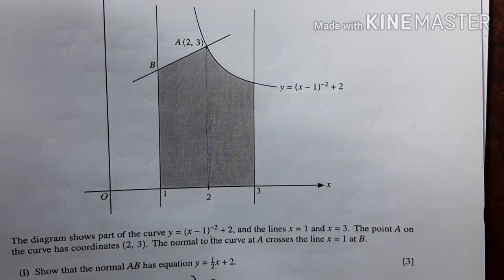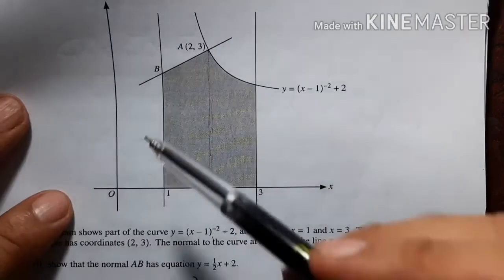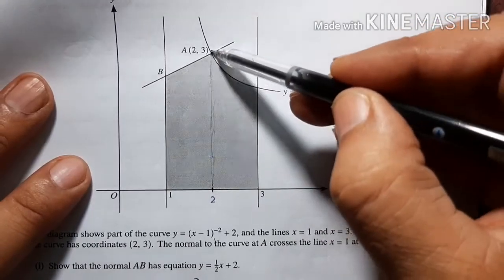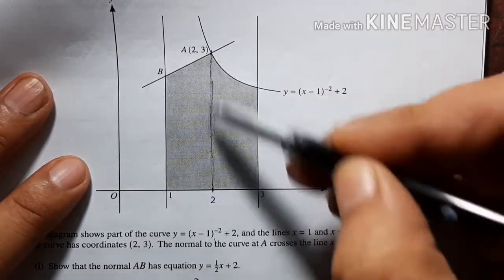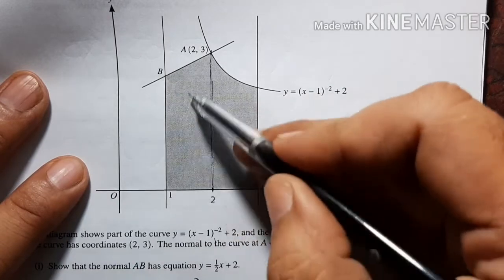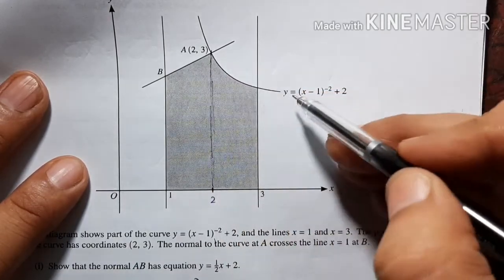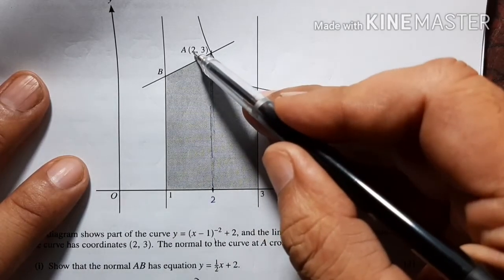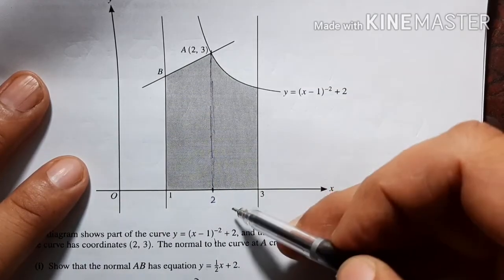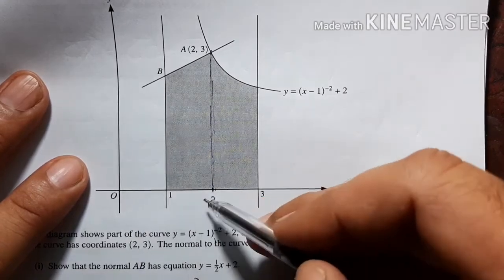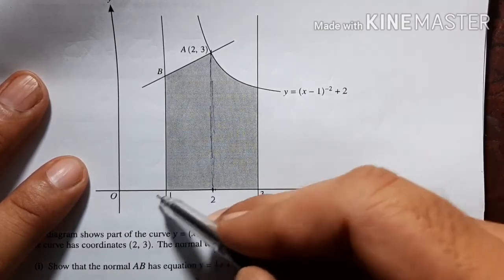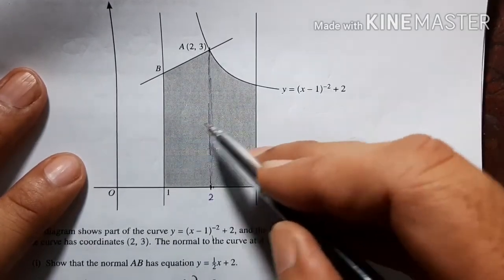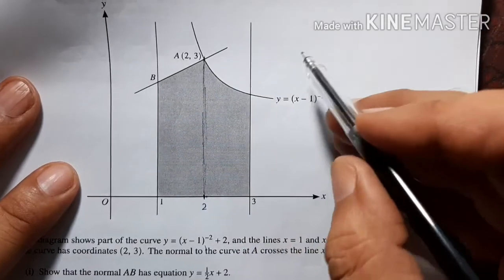For our convenience, we can divide this whole shape into two parts, not equal. One is the area under this normal and one is the area under this curve. And because the x-coordinate of A is 2, the first integration will be from 1 to 2 and the second integration will be from 2 to 3. So I am going to solve them separately.